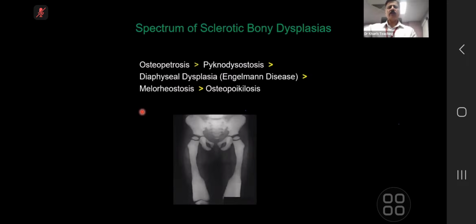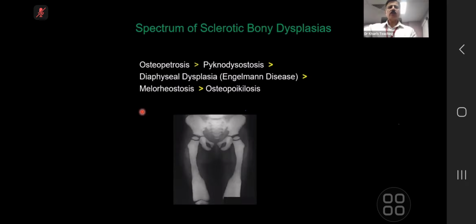If you go back to the metabolism of bone, we know that there is a concept of bone remodeling. There are osteoblasts and there are osteoclasts. Osteoblasts produce bone, and the osteoclasts then remodel it.